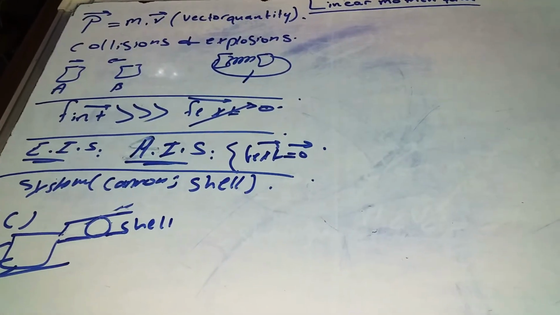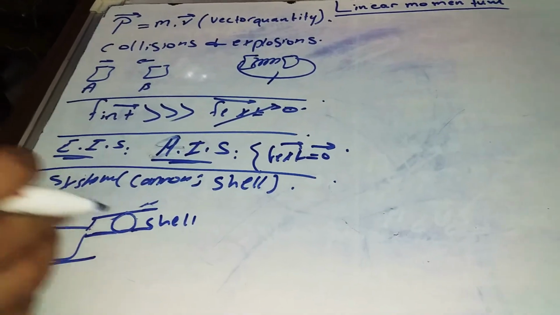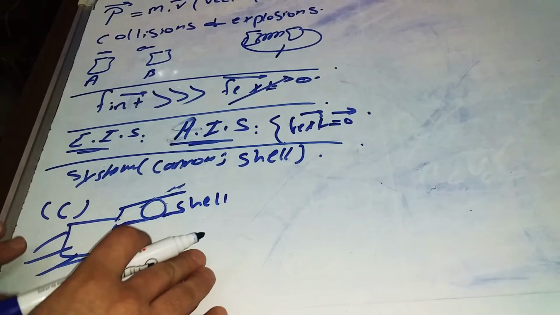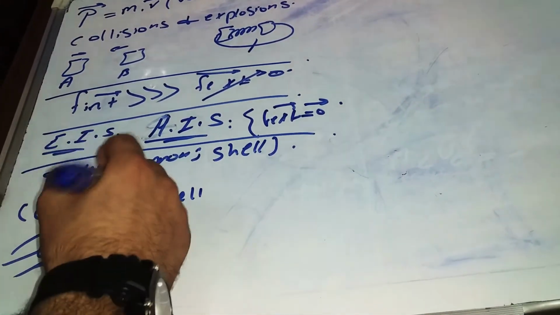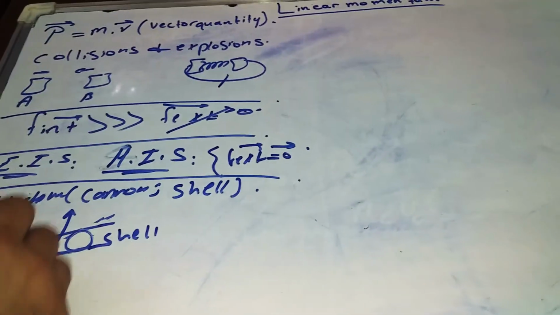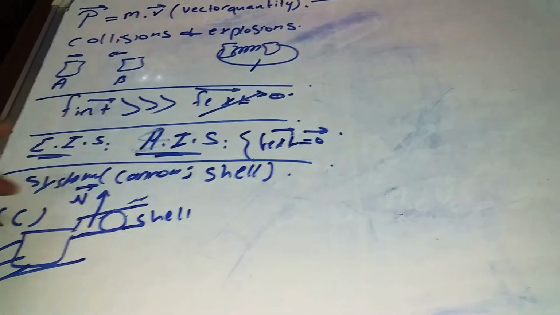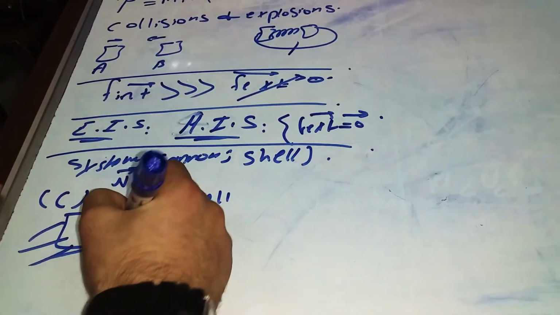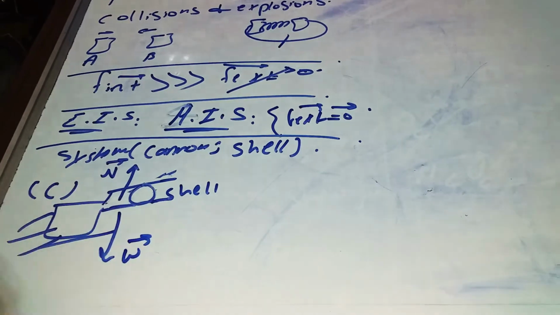So if we want to specify the forces acting on the system, because this system is at rest, the forces acting on it are the normal reaction of the whole system plus the weight of the whole system.